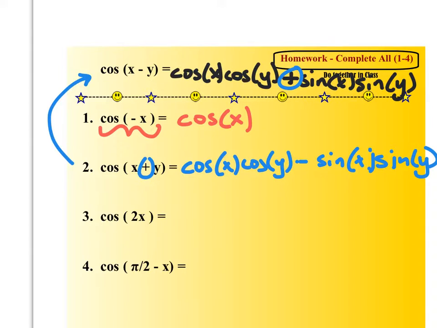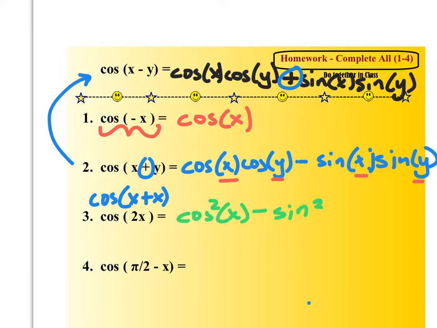Double angle identity, we could write this as cosine of x plus x, which would be cosine x cosine x minus sine x sine x. So this double angle identity comes out to be cosine squared x minus sine squared x. Now it looks very close to cosine squared plus sine squared, which equals 1, but it's not quite. We got that minus in between.